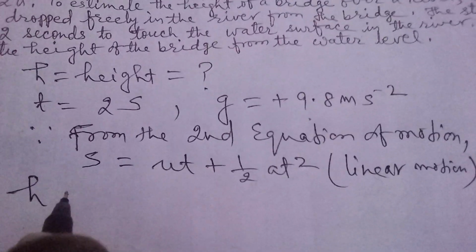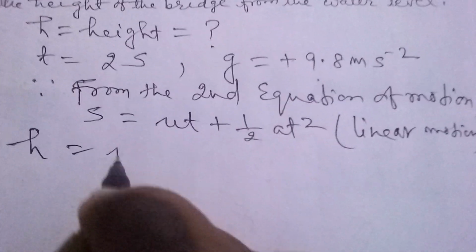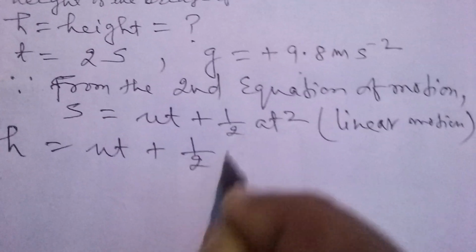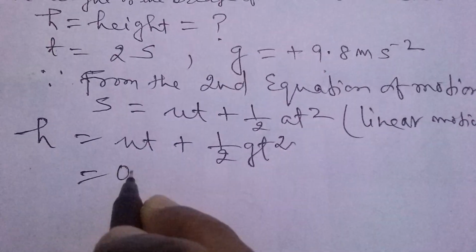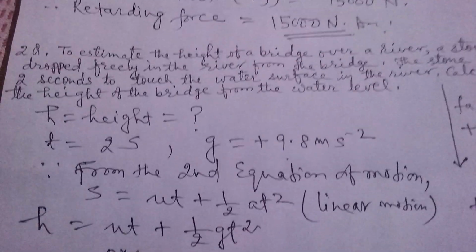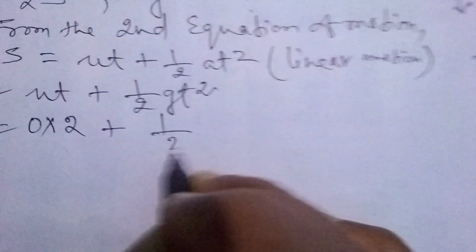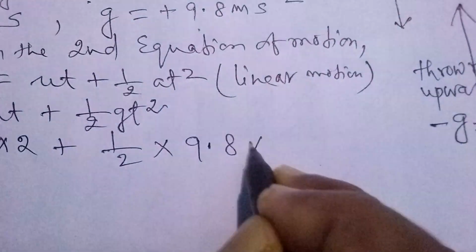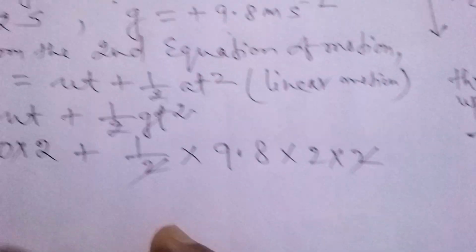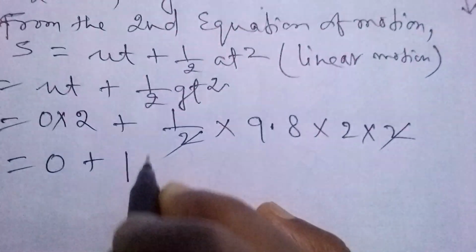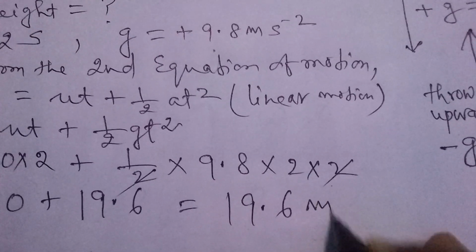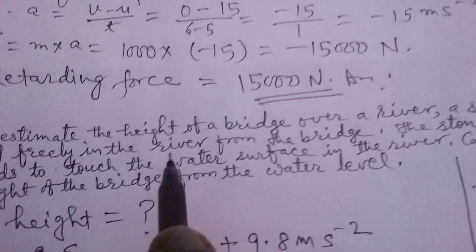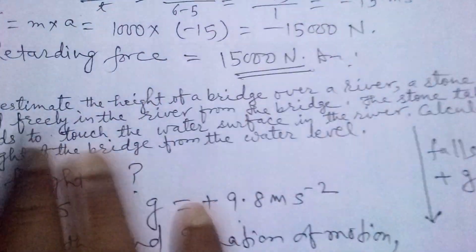So we will write here in place of s, h equals ut plus half gt square. Here u, the initial velocity, is 0. So 0 into t, time is 2 seconds, plus 1 by 2 into 9.8 into 2 into 2. The 2 cancels. So 0 plus 19.6 equals 19.6 meter. This is the height of the bridge from the water surface.